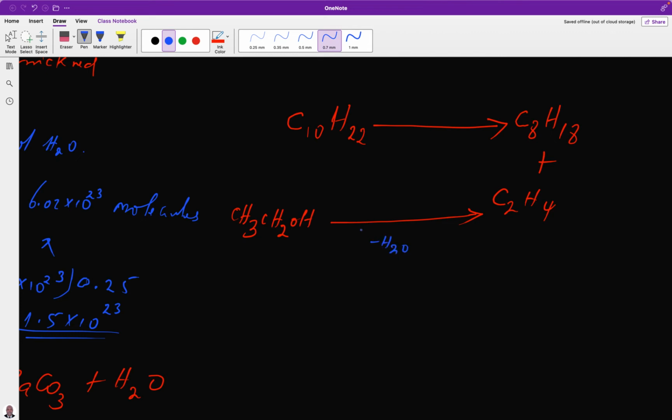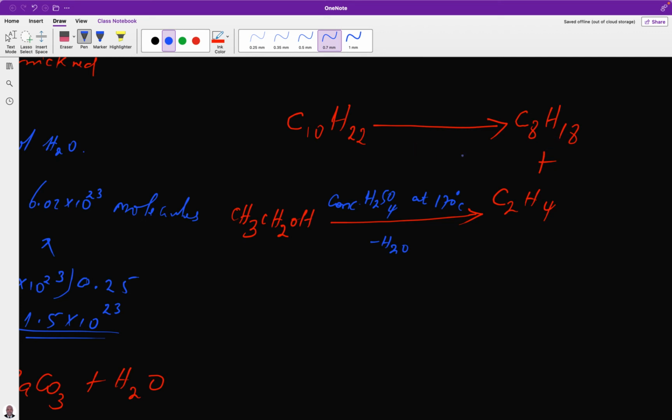Here the dehydration occurs when we use concentrated sulfuric acid at a temperature of 170 degrees Celsius. When we use this, we remove a molecule of water and ethene is produced.